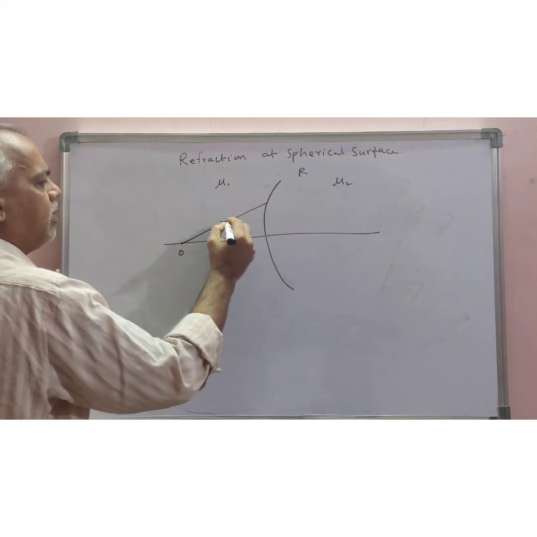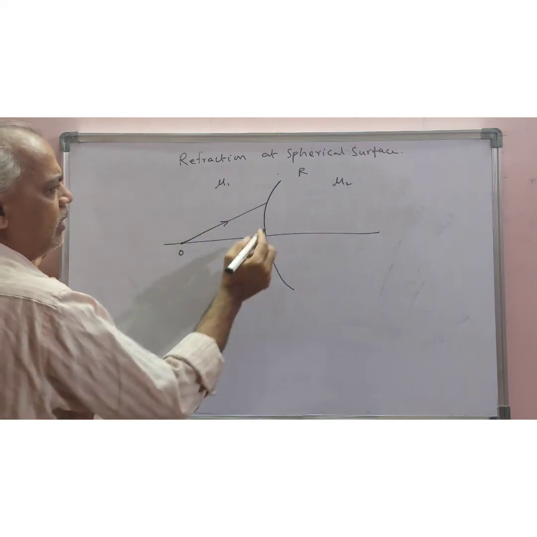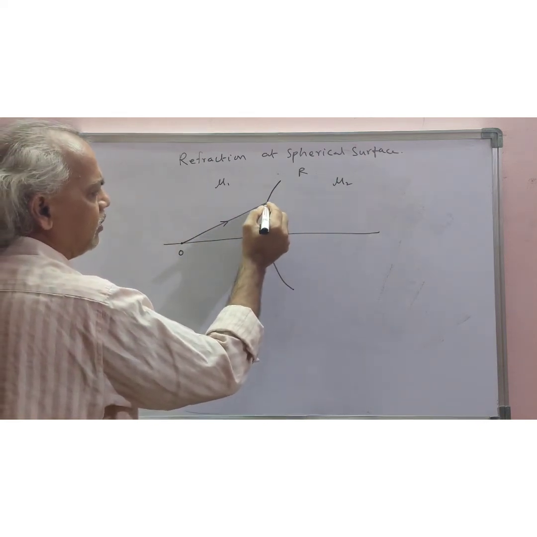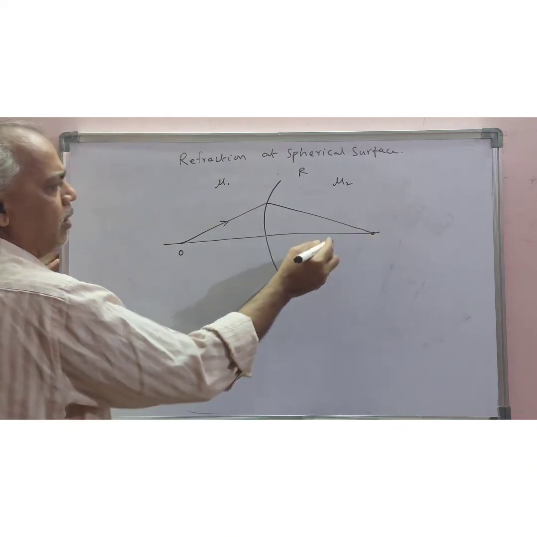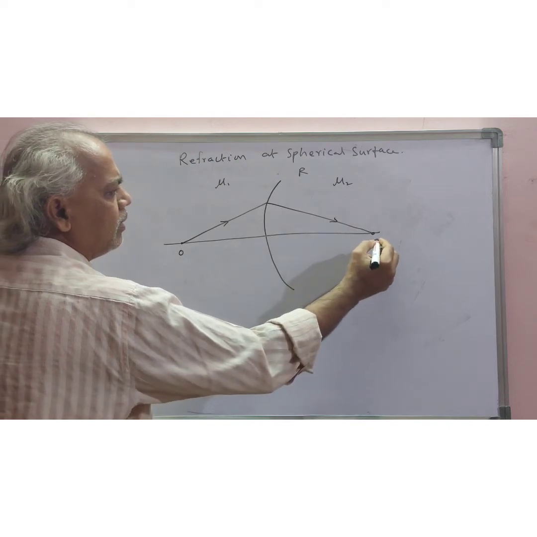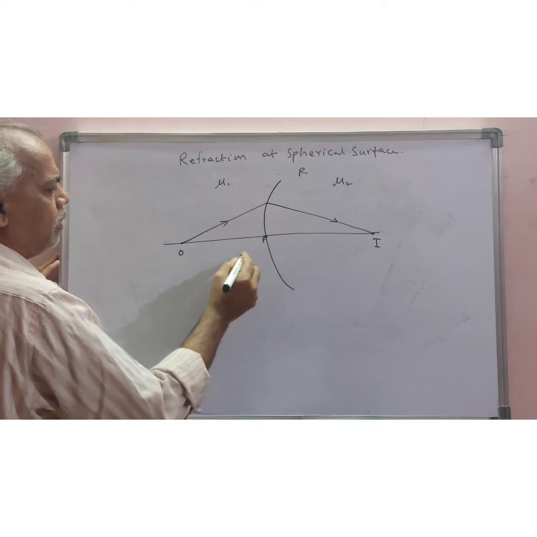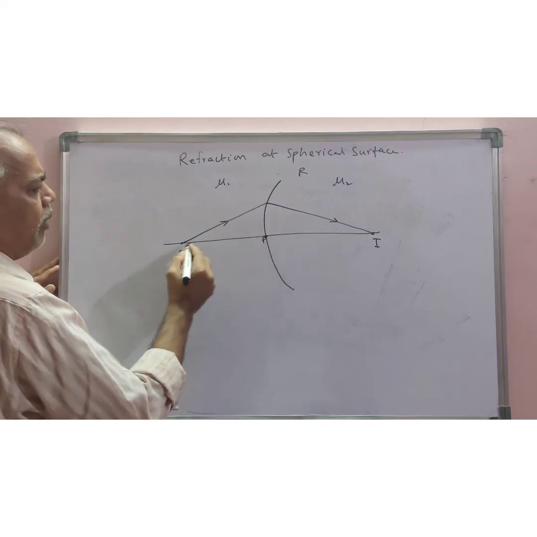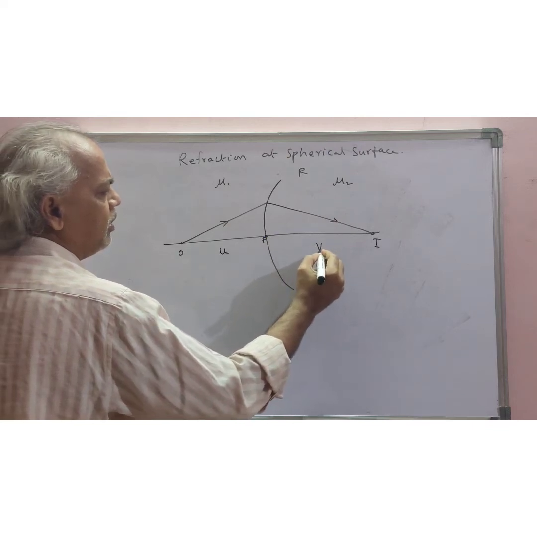The rays are incident on the spherical surface like this, and refraction takes place, and the rays meet the principal axis at a distance. Here the image forms. Pole to object distance is the object distance u, and pole to image is the image distance v.